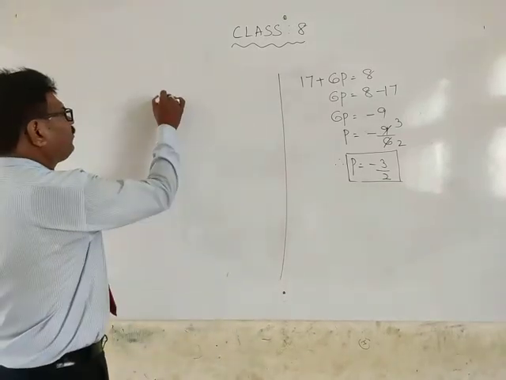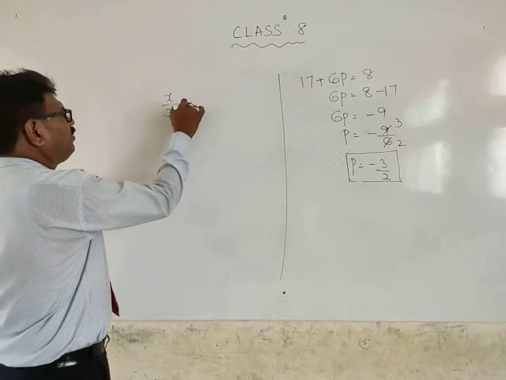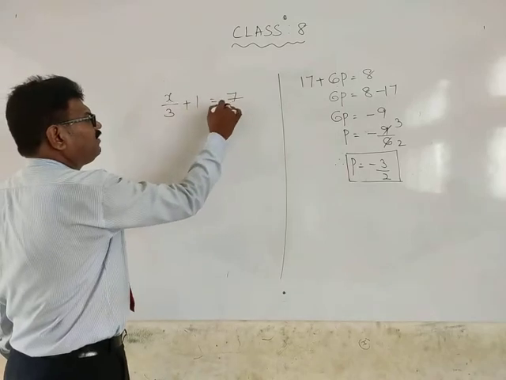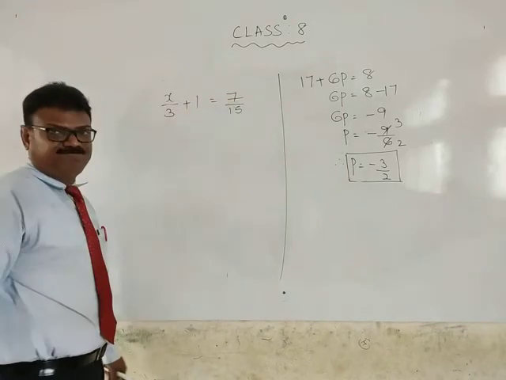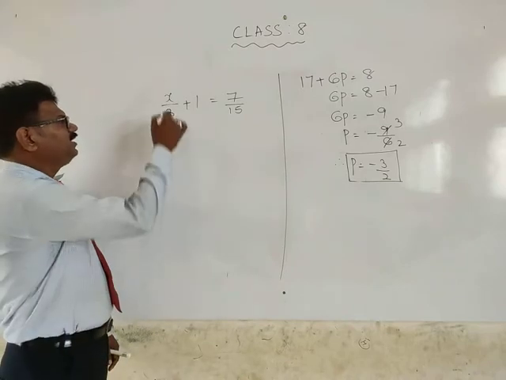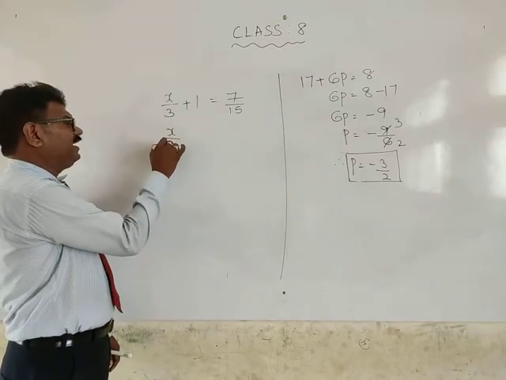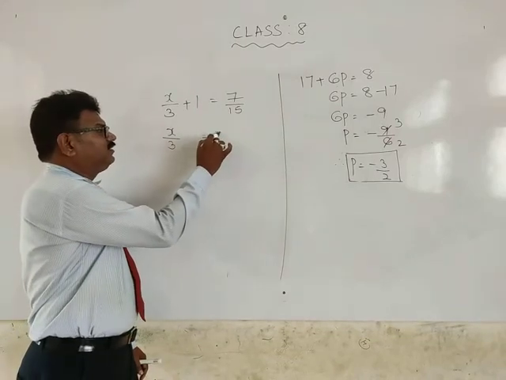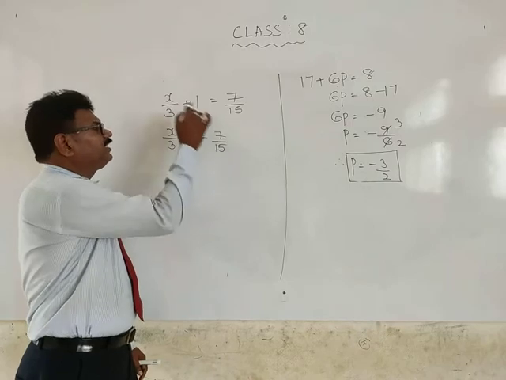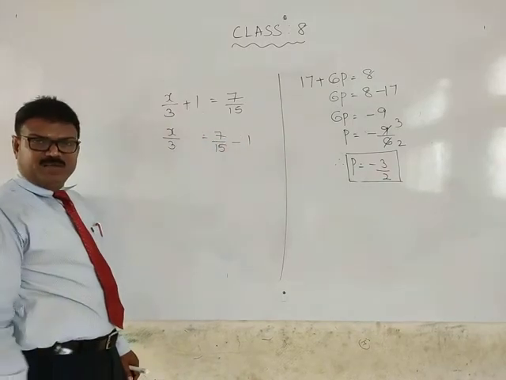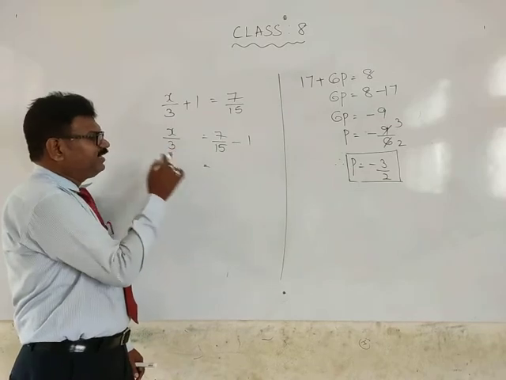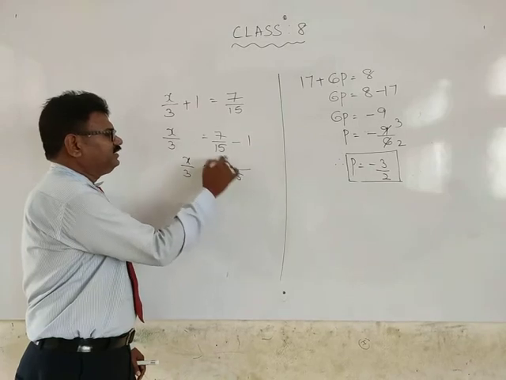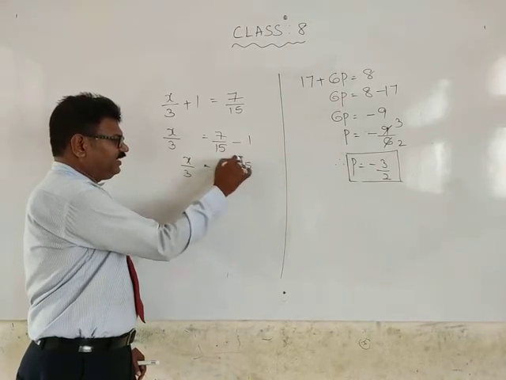x by 3 plus 1 is equal to 7 by 15... So very simple. You see, this is the variable. We should keep the variable as it is. We should set all the numbers on the right side. 7 by 15 plus 1, if it comes here, it will become minus. Now same x by 3 as it is. What is the LCM? 15 is the LCM. 7 minus 15.